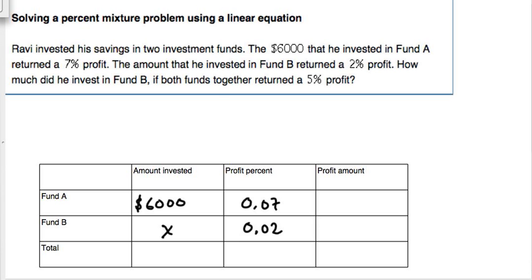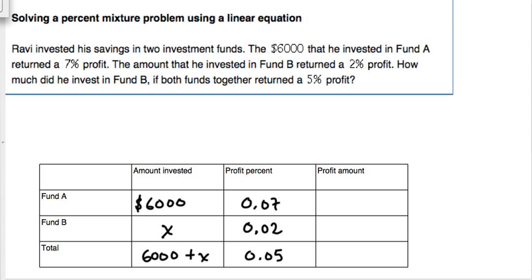And the profit percent from the funds together is 5%, so we write 0.05. That goes here in the total because that's the funds together. Now, if he invested $6,000 in Fund A and $X in Fund B, the total would be 6,000 plus X.